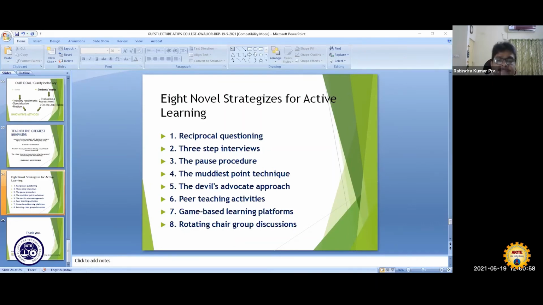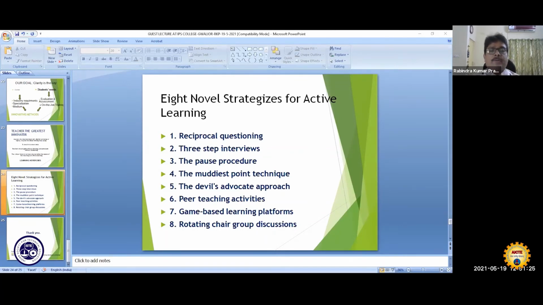The three-step interview confers benefits like helping students learn and apply different question strategies, strengthening students' connection with course materials in a creative and engaging way, and producing a sense of accountability with students working together to complete a task or grasp a lesson.